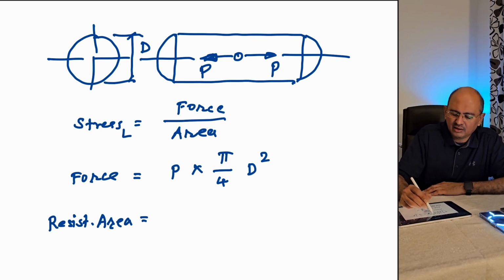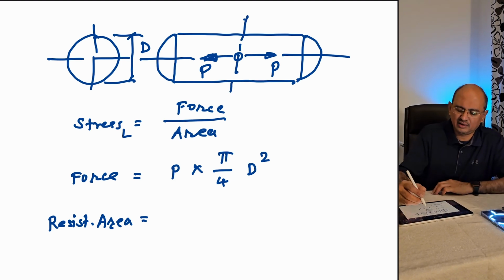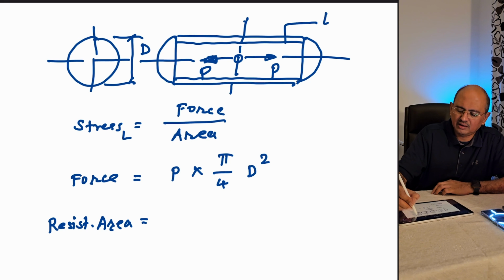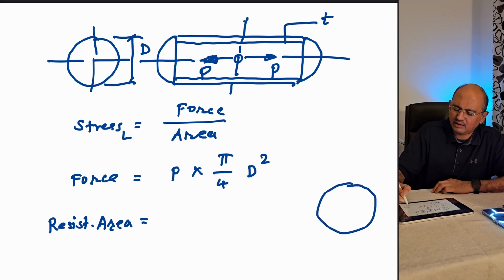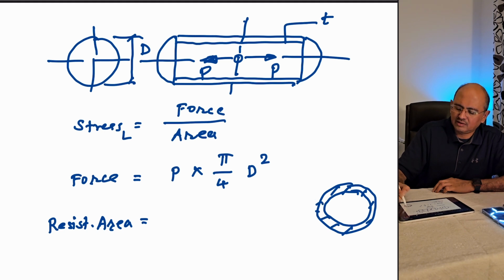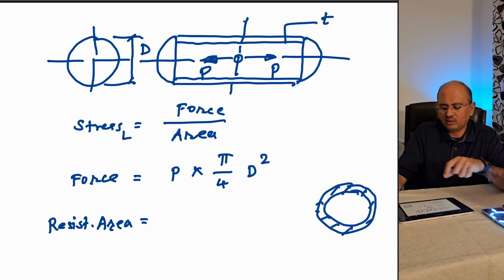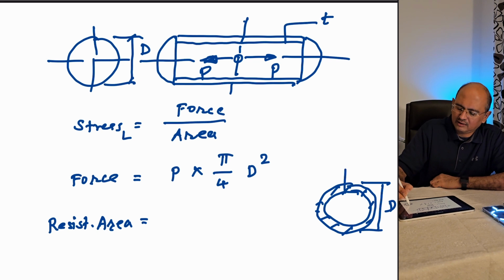If you imagine that the pipe gets cut into two halves here, and the pipe is having a thickness T, then the resisting area is going to look like a ring of thickness T and diameter D. Basically this cylinder is getting divided into two parts, and it's going to look like this. So diameter D and thickness T.